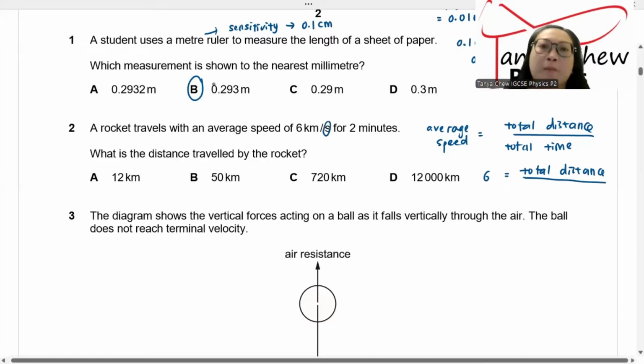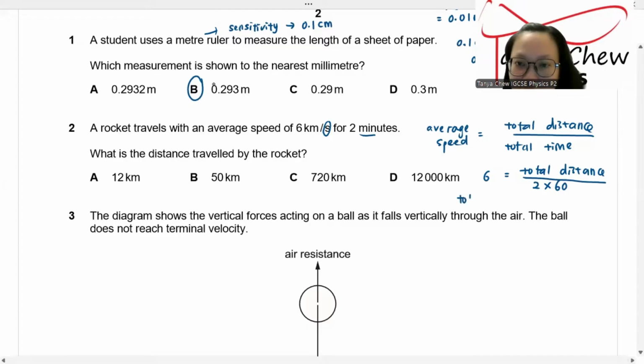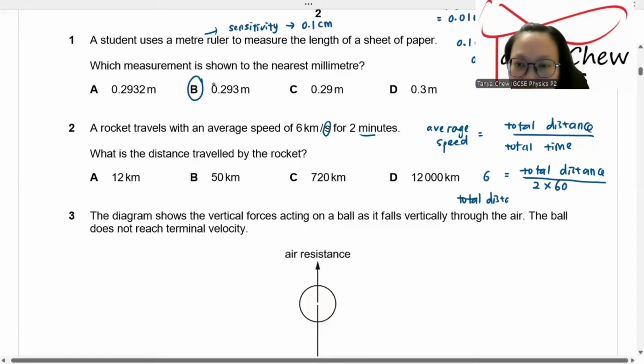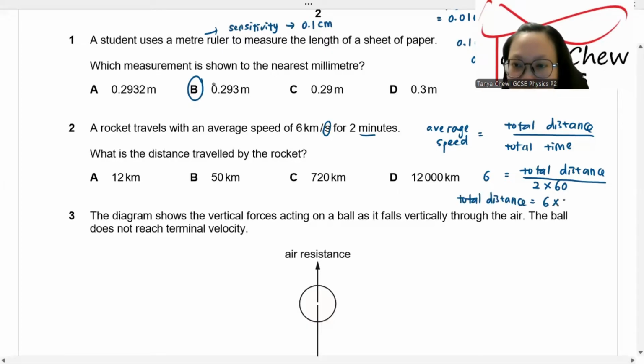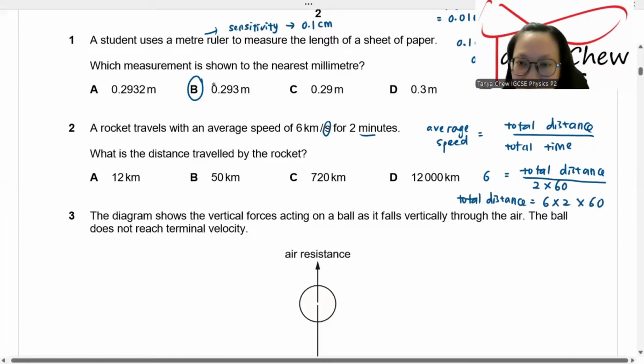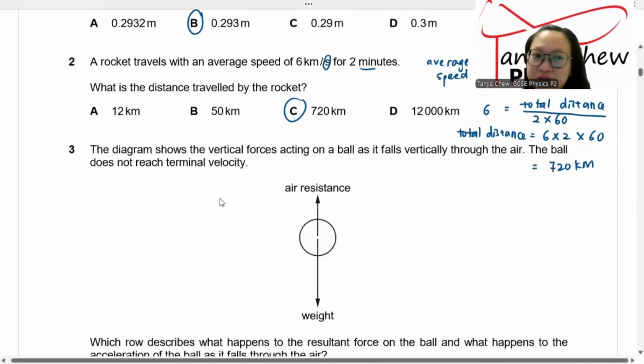Speed is measured per second, kilometer per second, but the time is in minutes. So you have to change that time to seconds. So it is 2 times 60, because 1 minute is equal to 60 seconds. Therefore, total distance equals 6 times 2 times 60. So your answer should be 720 kilometers. C is the answer.